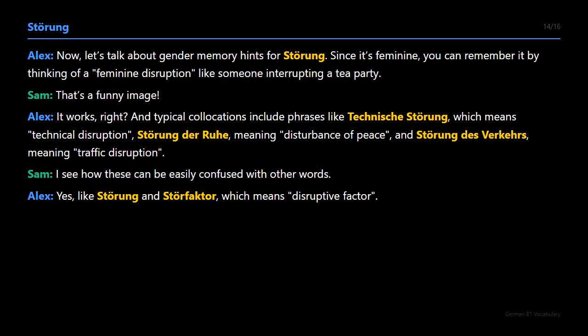And typical collocations include phrases like technische Störung, which means technical disruption, Störung der Ruhe, meaning disturbance of peace, and Störung des Verkehrs, meaning traffic disruption.